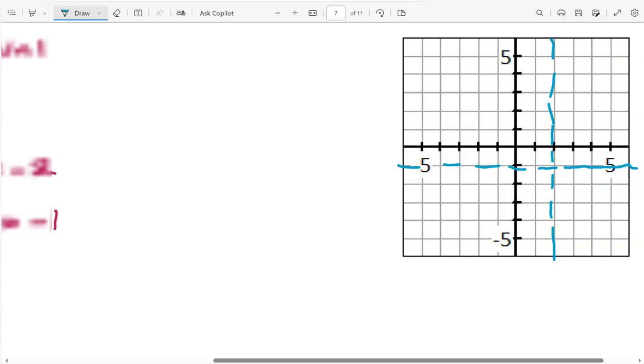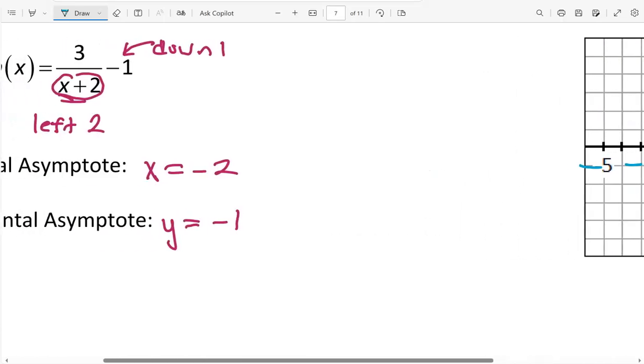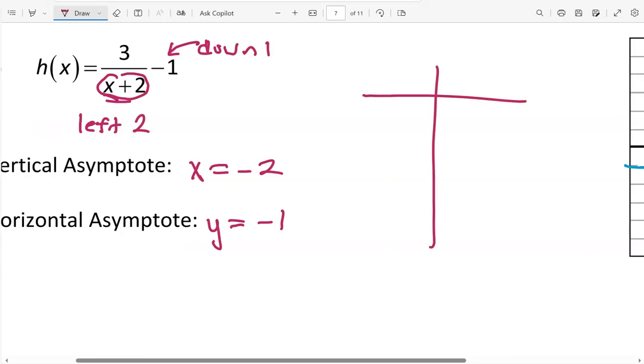Once we've sketched those in, I'll use a table of values to locate one anchor point per branch. So for our first branch of this hyperbola, we need to pick a point that's on the left side of x equals negative 2, which would be x equals negative 3, and one on the right side, which would be x equals negative 1.